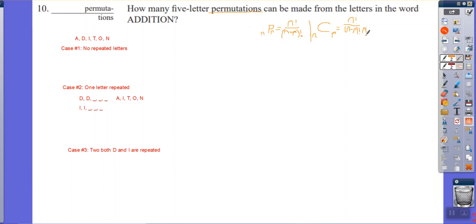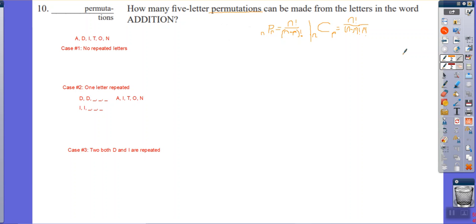In this case, order does not matter. Order does not determine meaning. For example, if I have the Harry Potter books, Chamber of Secrets, Sorcerer's Stone, and what's the third one? Prisoner of Azkaban. Does it matter if I have them in the order of Azkaban, Chamber of Secrets, Sorcerer's Stone, or Sorcerer's Stone, Azkaban, Chamber of Secrets? Does the order matter? The answer is no, because it's the same 3 books.